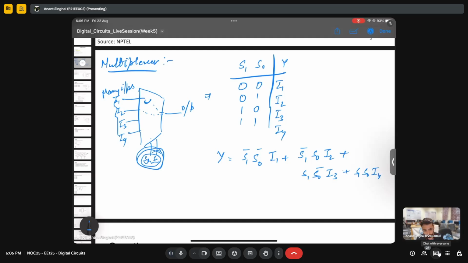This is the basic version, and we already have that understanding now. Similarly, multiplexers have 2 raised to the power n inputs, n select lines, and one output.